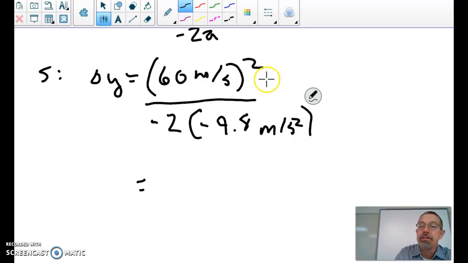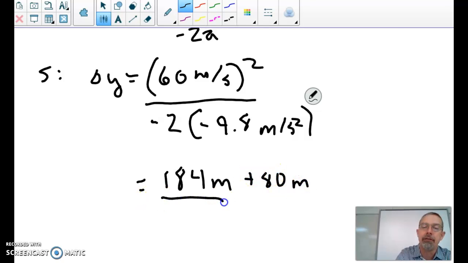So you end up with 3,600 meters squared per second squared in the numerator, divided by 19.6 meters per second squared. And so you're going to end up here, when it's all said and done, with a delta y of 184 meters. But don't forget that you were already 80 meters above the ground. So you could either think of the delta y as being 184 meters or the y max as equaling 264 meters.